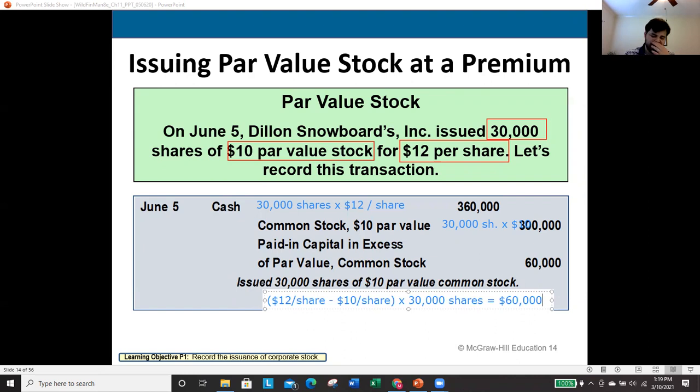Now, the other way to do this is to say, okay, in this case, I recognize that I had cash that I actually received of $360,000, but my par value information only comes out to $300,000. And because this only comes out to $300,000, the difference between these two is this $60,000.